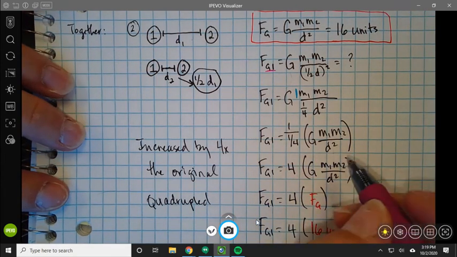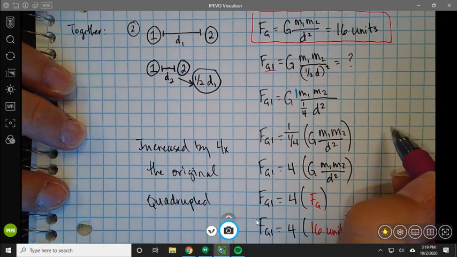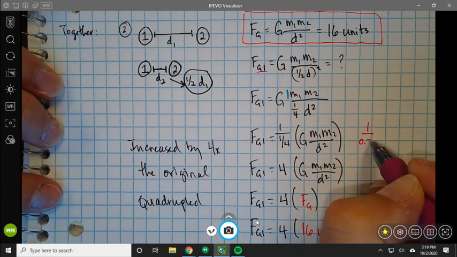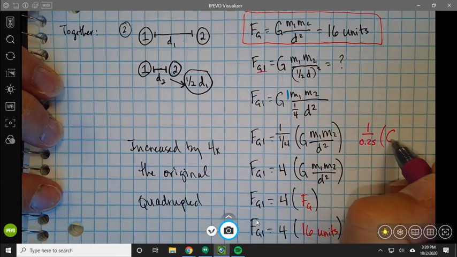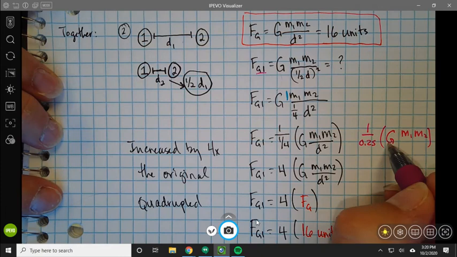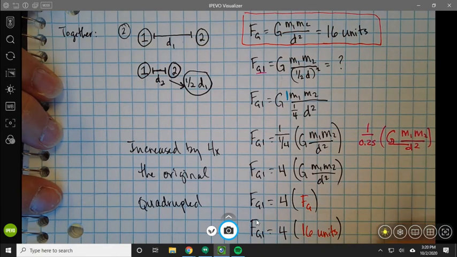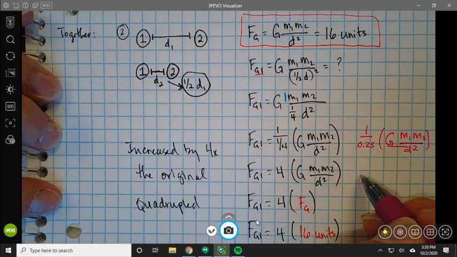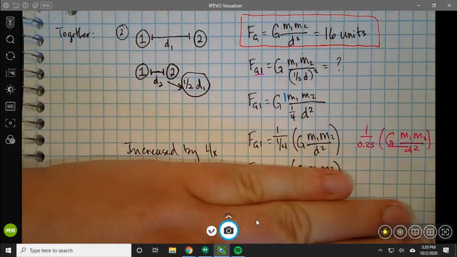Instead of doing that, and I think this is probably easier, you could say 1 over 0.25 times G times m1 m2 over d squared.